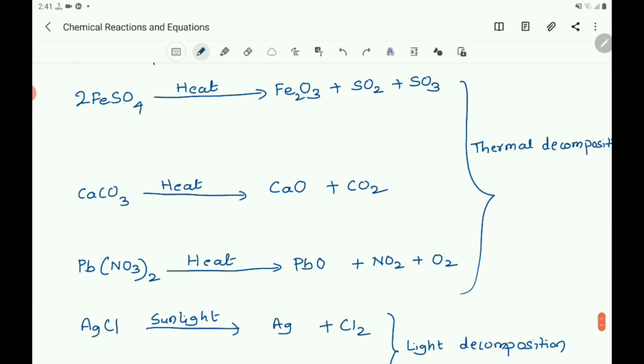Now you take CaCO3 gives CaO plus CO2 on heating. When calcium carbonate is heated, it gives calcium oxide and CO2. Here calcium carbonate is split into two products, calcium oxide and carbon dioxide on heating.